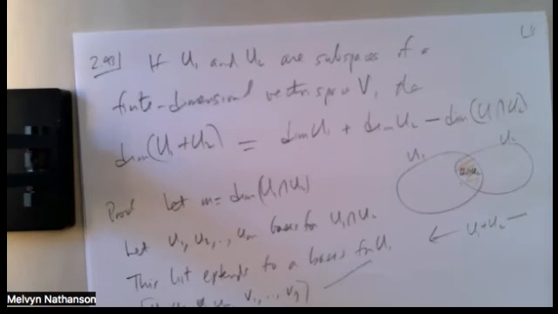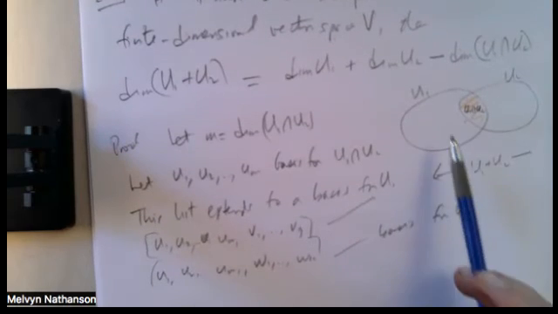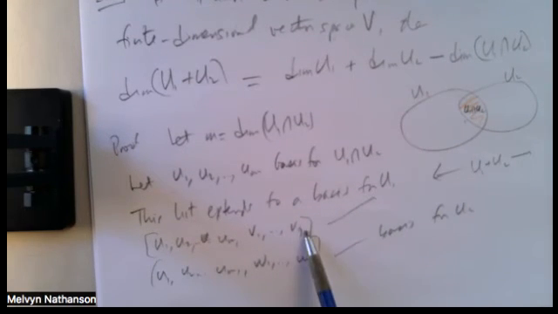But we can also take u1, u2 up to u sub M and extend it by w1 up to w sub K, which is a basis for U2. So every vector in U1 is a linear combination of these. Every vector in U2 is a linear combination of these.